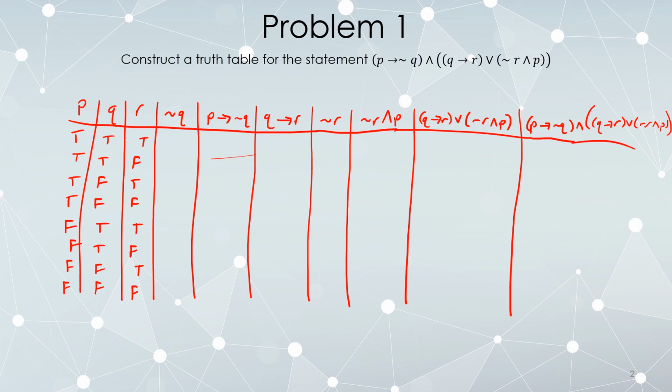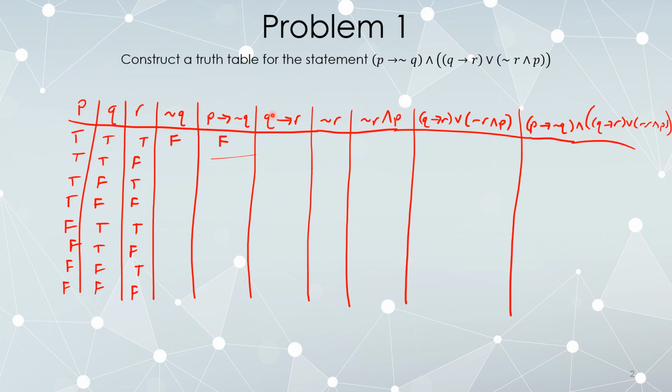In the first row, since Q is true, not Q is false. Since we have P, the hypothesis is true, and not Q, the conclusion is false, that's the only scenario in which this conditional statement would be false.